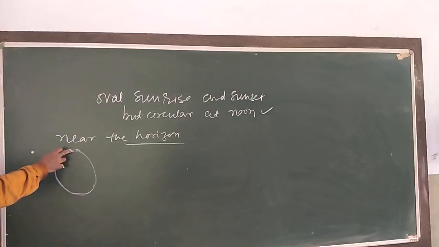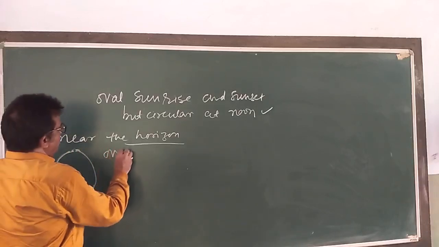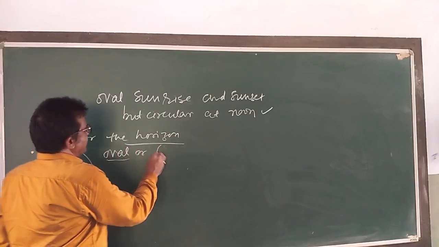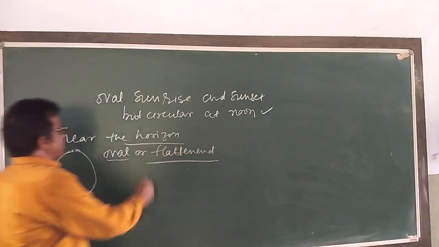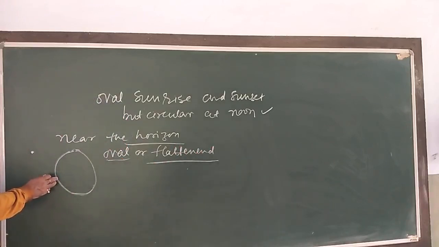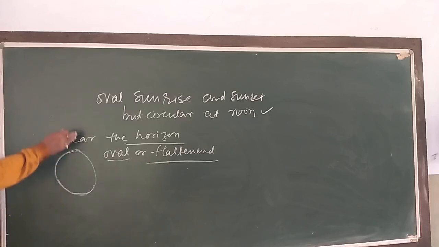That is why the sun appears oval or flattened at the time of sunrise and sunset.